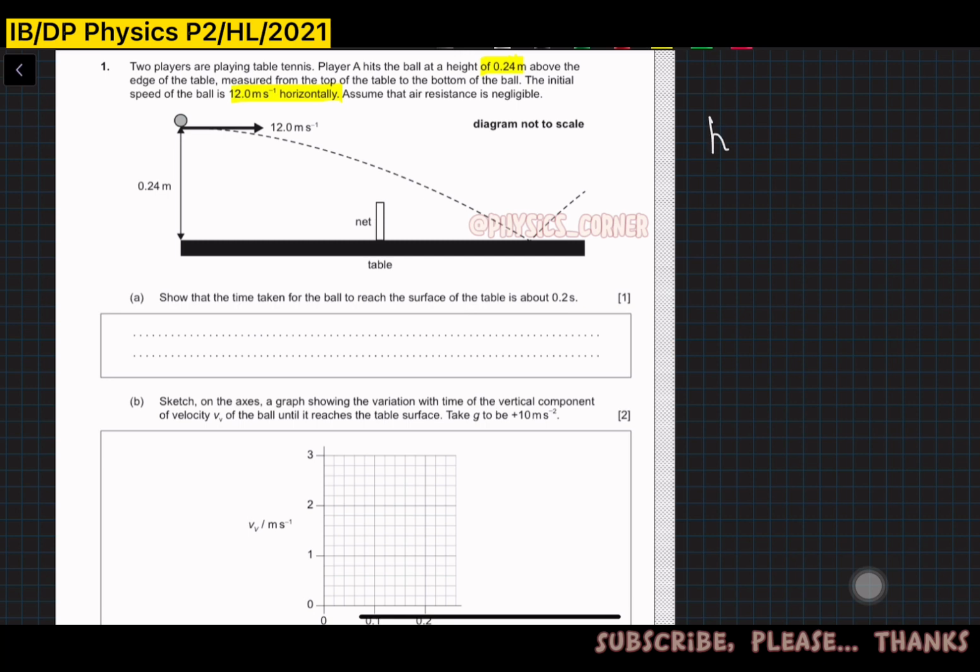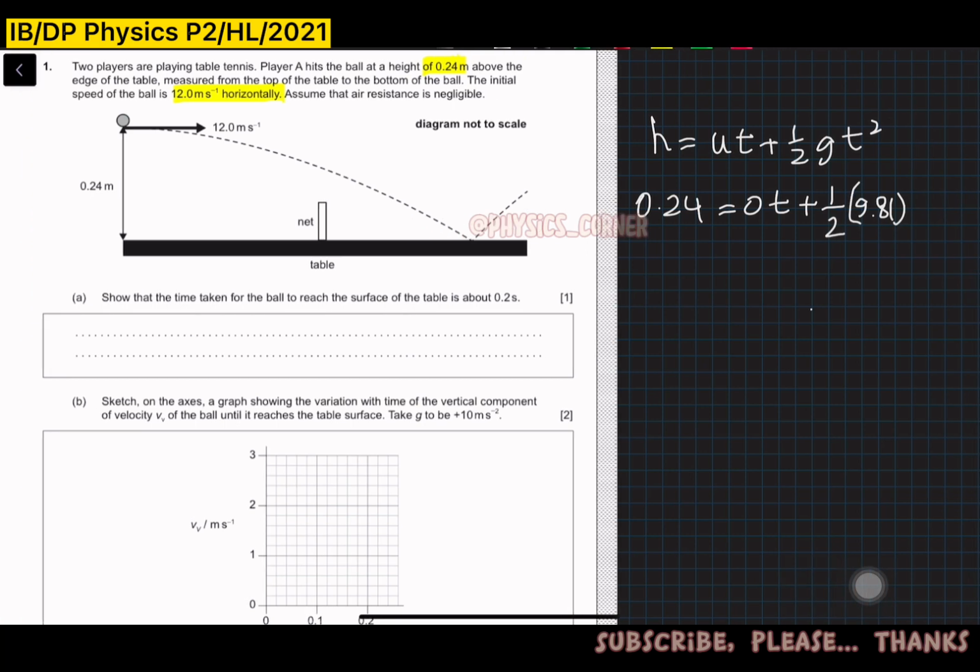We have h equals ut plus a half gt square. So we have 0.24 equals, we don't have any initial velocity on the vertical, so u times t becomes 0, plus a half, we use g as 9.81, times t square.